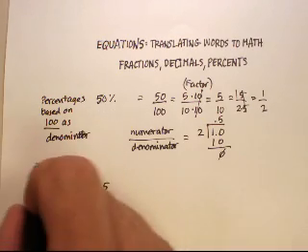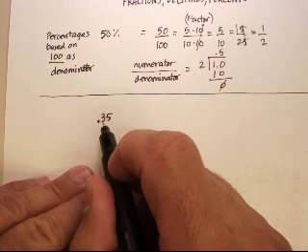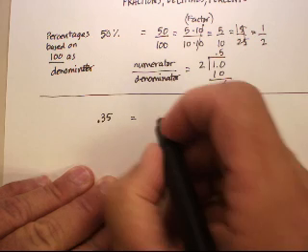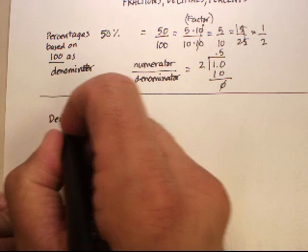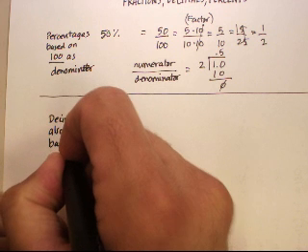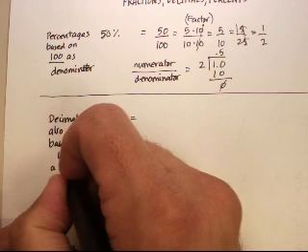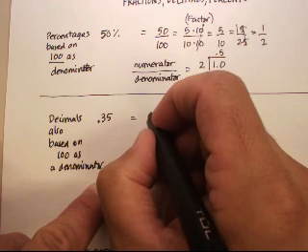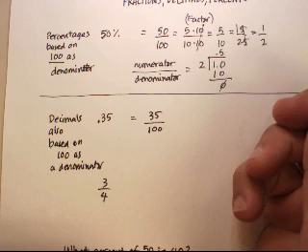Okay? Now, let's try that with a decimal. How would I change a decimal, 0.35, into a fraction? Again, remember how you do that. Decimals are also based on 100 as a denominator. Let me just write that in there. So again, you would go ahead and take the number, drop the decimal point, put it over 100, and now go ahead and reduce it to its simplest fraction.